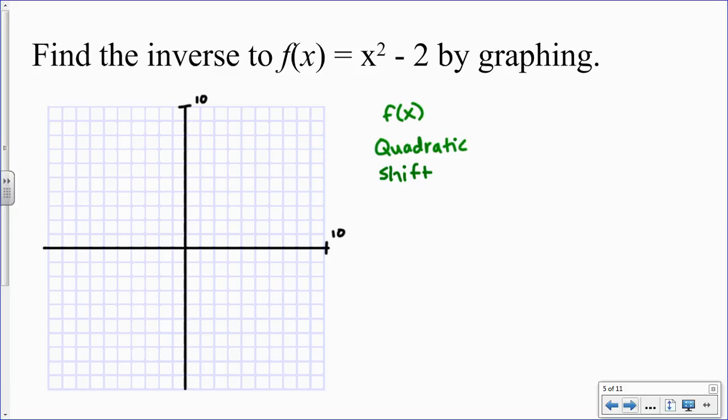The minus 2 would need to be inside the parentheses for it to shift right. So shift down 2. Okay, so that means my vertex here is at (0, -2). And then from the vertex, you can do that squaring pattern. So over 1, up 1 on both sides, over 2, up 4. And then from your vertex over 3, up 9.